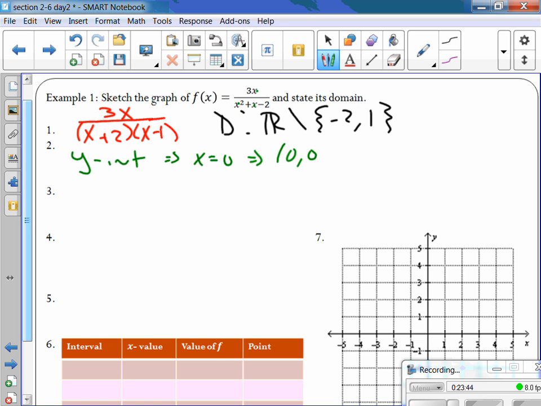And Miriam, what about my x-intercept? Again, we set what equal to 0? Setting our numerator equal to 0, 3x equals 0. What does that give me? So my x and y intercept are just 1 point right there at the origin.